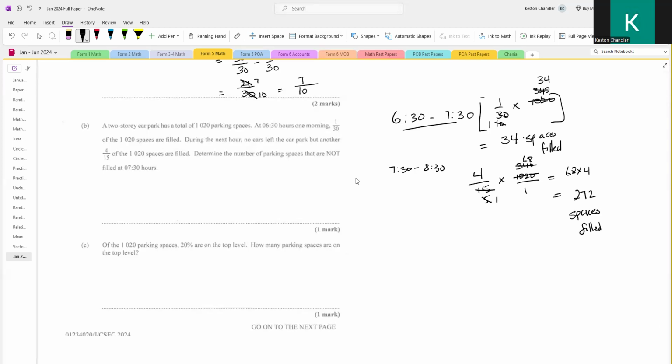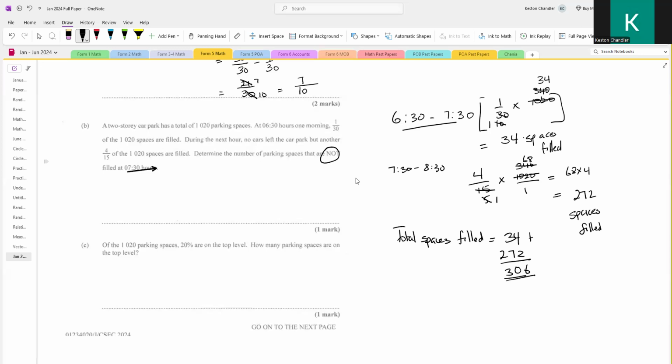Right, so total spaces filled is 34 plus 272, that's going to give me 306. They want spaces that are not filled at 7:30 hours.